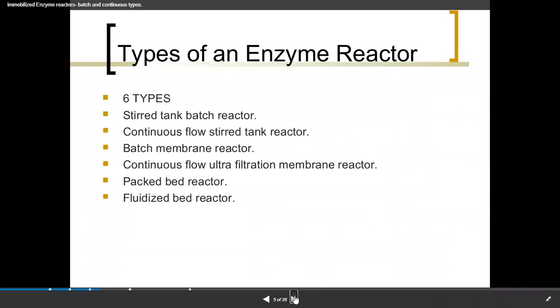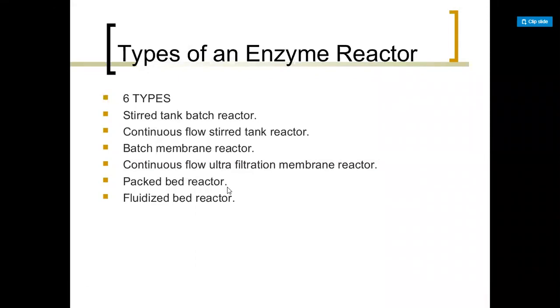And what are the enzyme reactors for immobilized enzymes? There are six types: stirred tank batch reactors, continuous flow stirred tank reactors, batch membrane reactor, continuous flow ultrafiltration reactor, packed bed reactors, and fluidized bed reactor. What is the difference between the reactors for the free enzymes and the reactors for the immobilized enzymes?